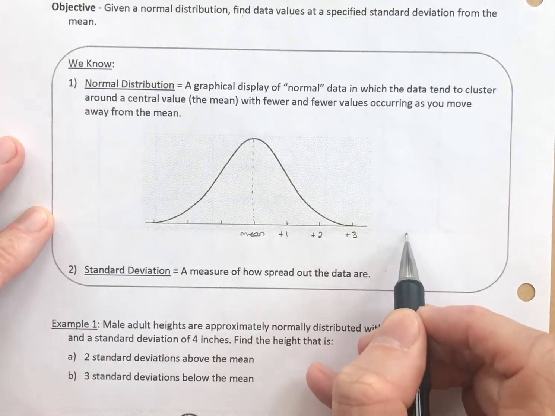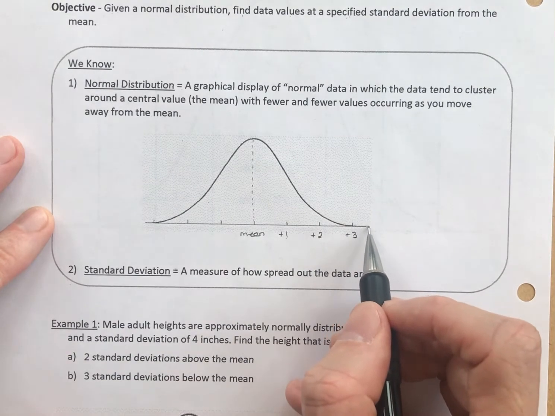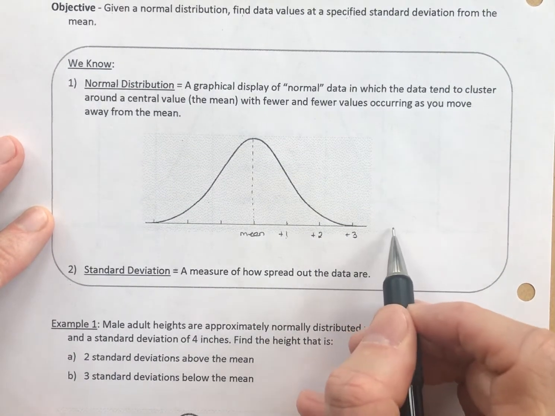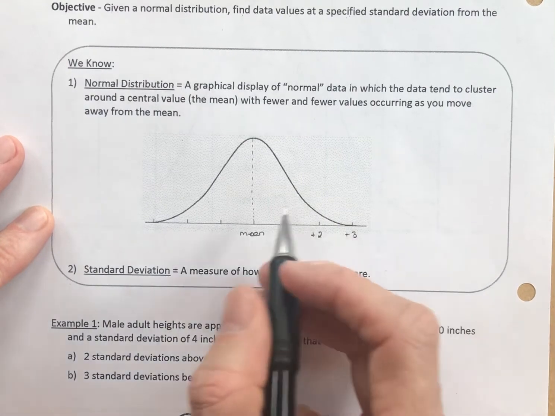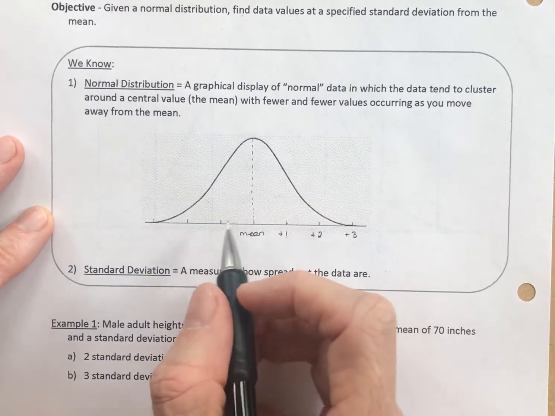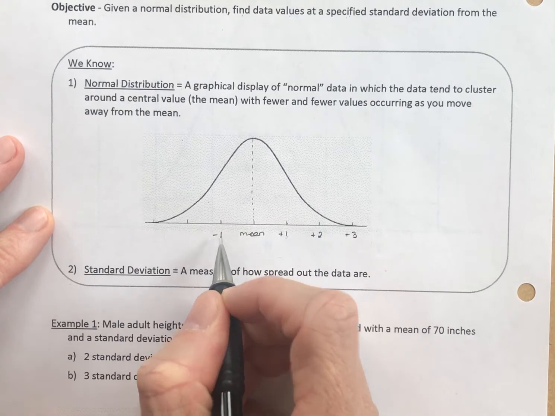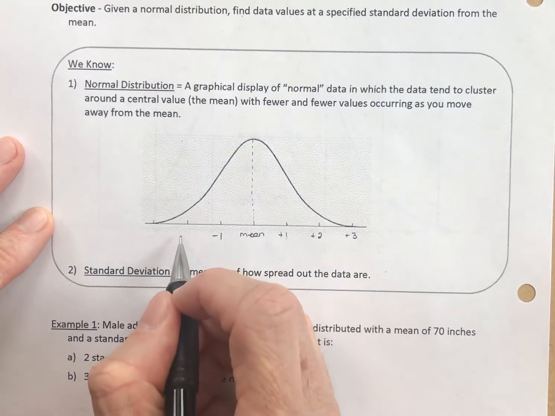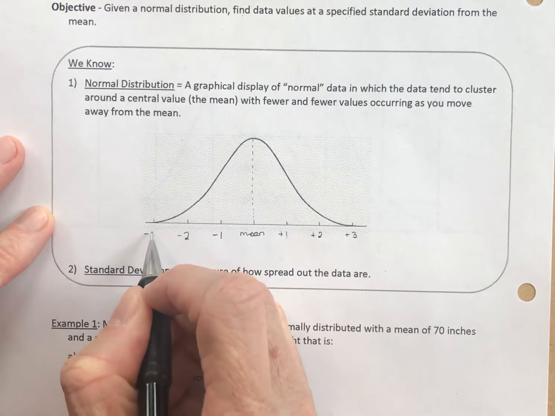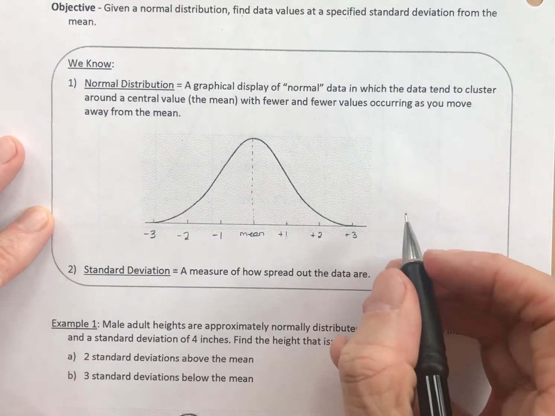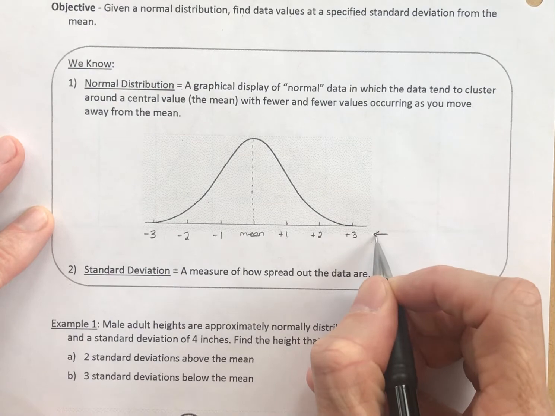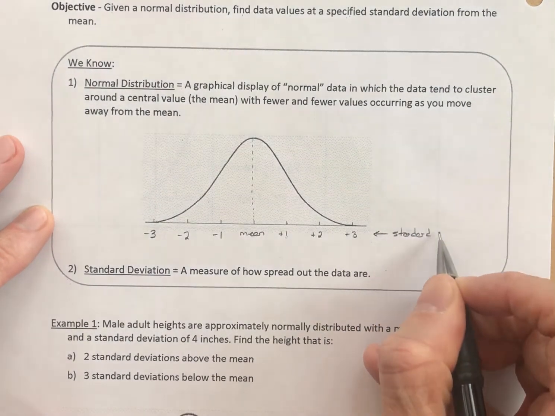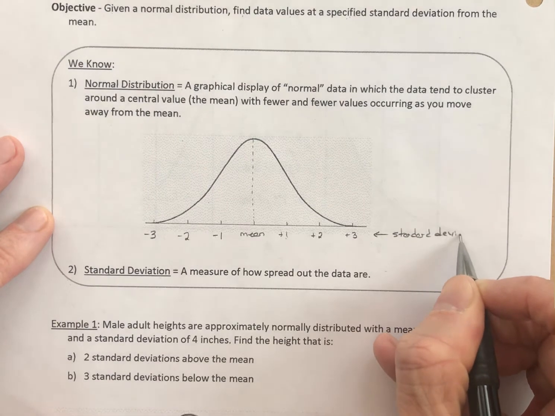And again, we could go 4, 5, etc. But there's very little area under the curve as it goes further and further away from the mean. Similarly, this is 1 standard deviation below the mean, the negative representing below. This is 2 standard deviations below the mean and 3 standard deviations below the mean. I'll go ahead and mark these as our standard deviations.